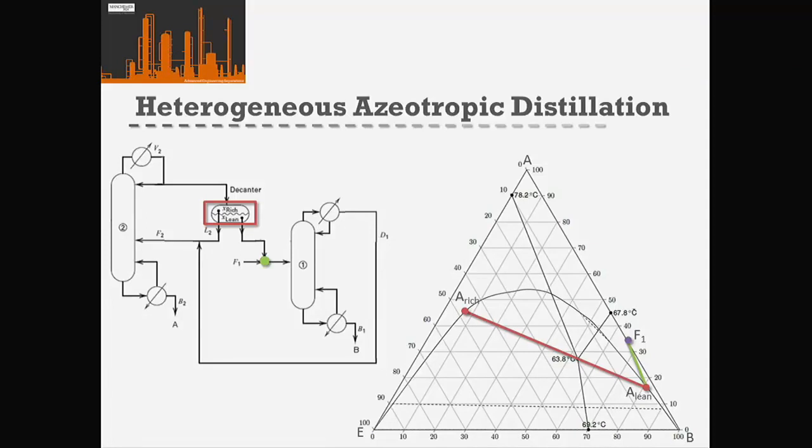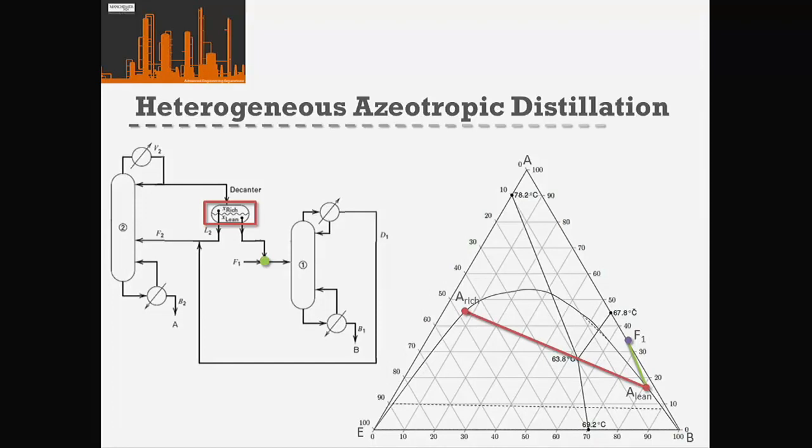So then we pass that into our distillation column 1. And we've been told that our distillation column 1 produces a product of B, but it also produces another product that we essentially recycle to our feed of our other column. Okay?